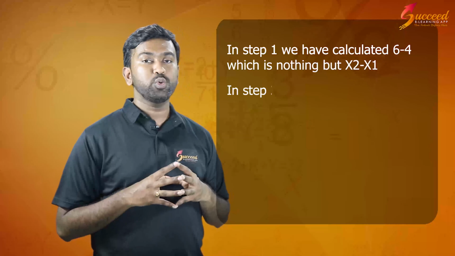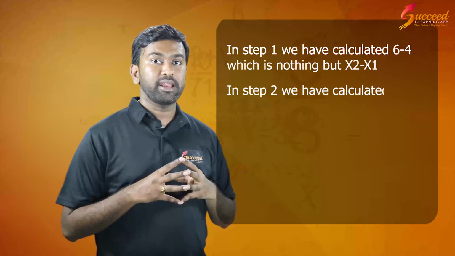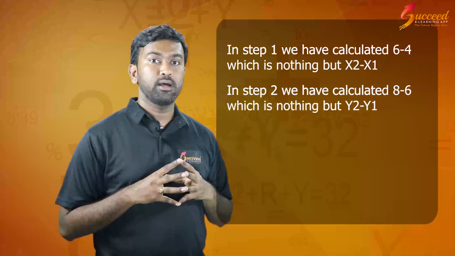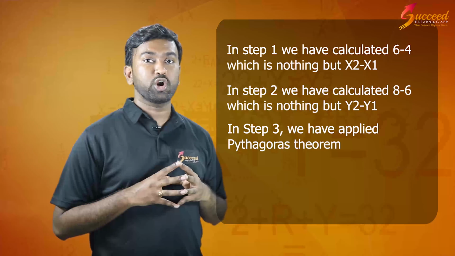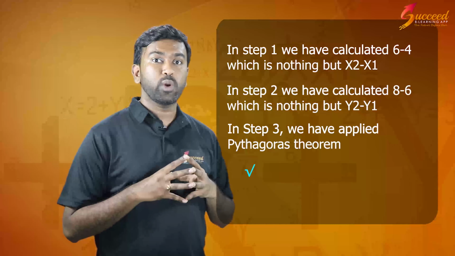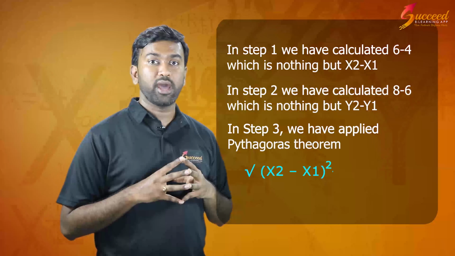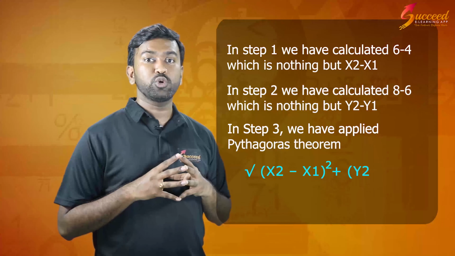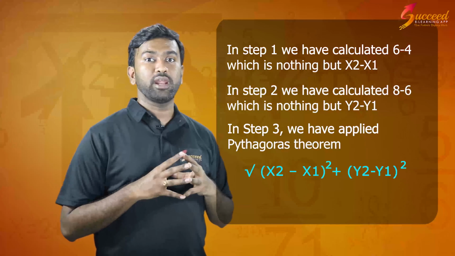In step 2, we did 8 minus 6, which is nothing but y2 minus y1. In step 3, we applied Pythagoras theorem, so the distance will be the square root of (x2 minus x1) the whole square plus (y2 minus y1) the whole square, which is known as the distance formula.